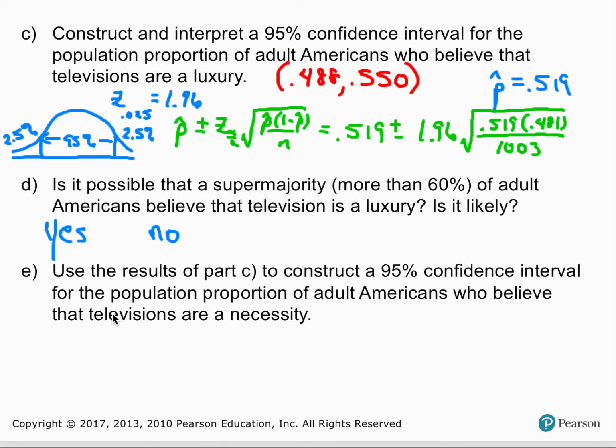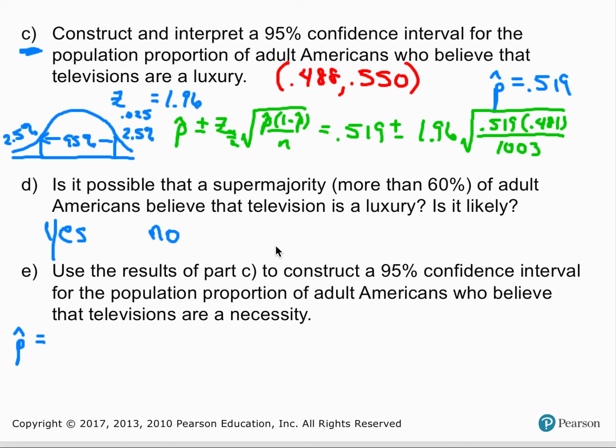All right, what about this one? Use the results from C to construct a 95% confidence interval for the population proportion of adult Americans who believe that televisions are a necessity. So the only thing that's going to change on this is our p hat, right? In this case, the p hat came from, I do not remember the numbers we used.